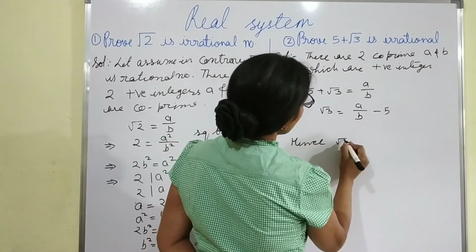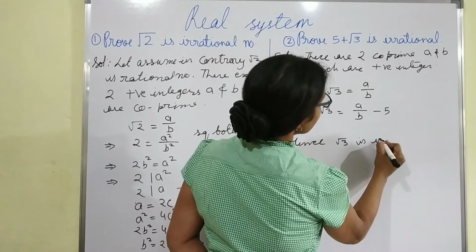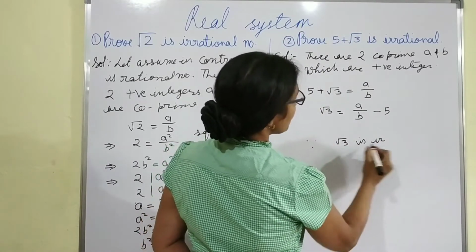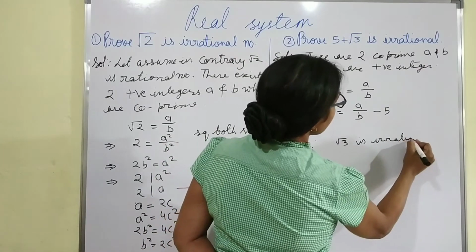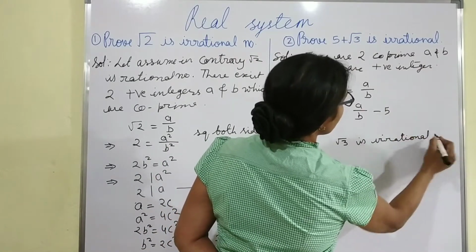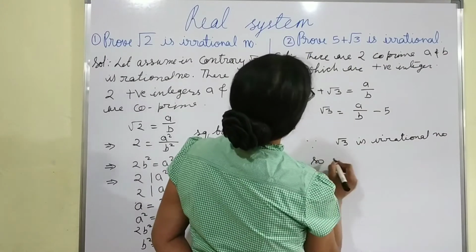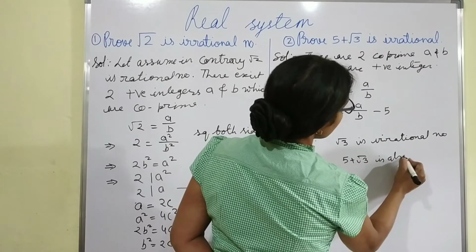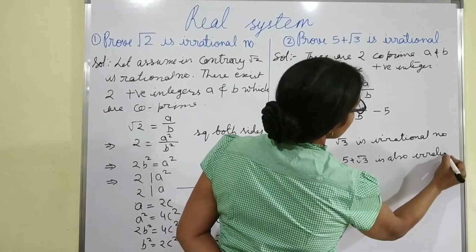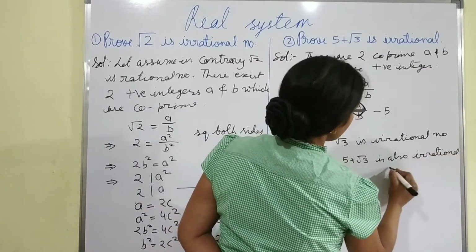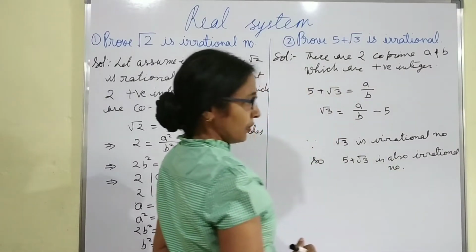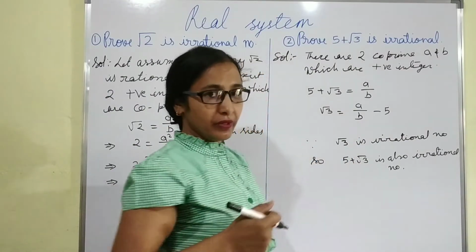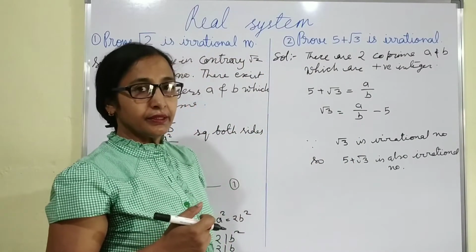Hence, since root 3 is an irrational number, so 5 plus root 3 is also an irrational number. Okay? I hope you are understanding it. I am giving 2 more examples.